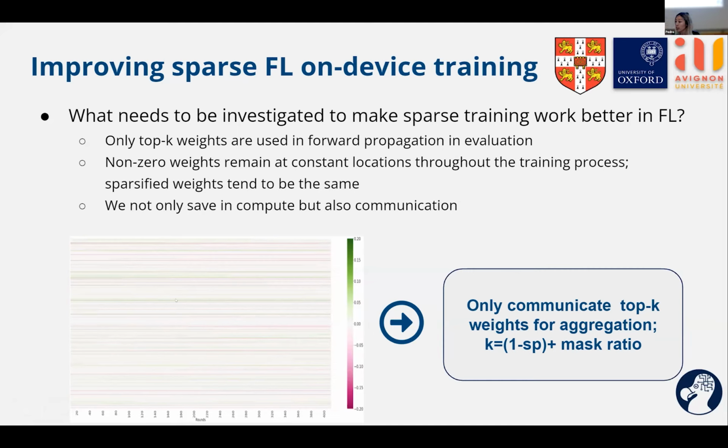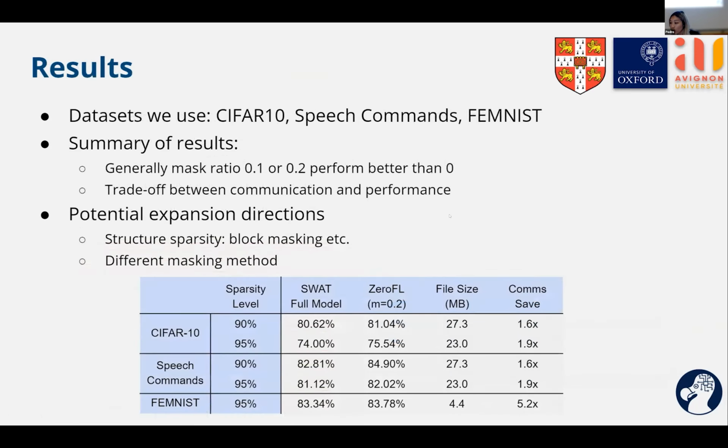By only sending the top-k weights, we send the most important information from the client to the server, and also avoid sending noise that arises from the non-IIDness of the local dataset during the training process. In the experiment, we use three different datasets. Speech Commands is a keyword spotting dataset, and FEMNIST is the LEAF federated learning specific dataset partitioned by the writer's ID.